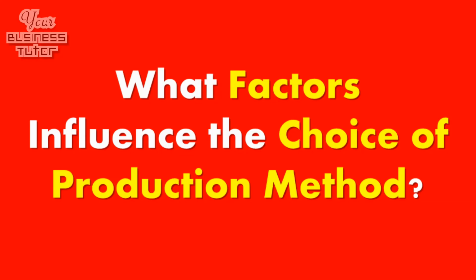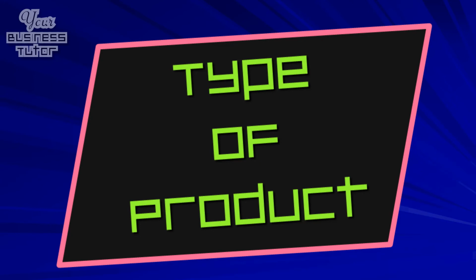Okay, let's now turn to look at the factors that influence the choice of production method. One of the most influential factors is the type of product being made. For example, if the item being made is a one-off, labour-intensive production will be necessary. Whereas if an identical product is to be manufactured, capital-intensive methods would be more suitable.